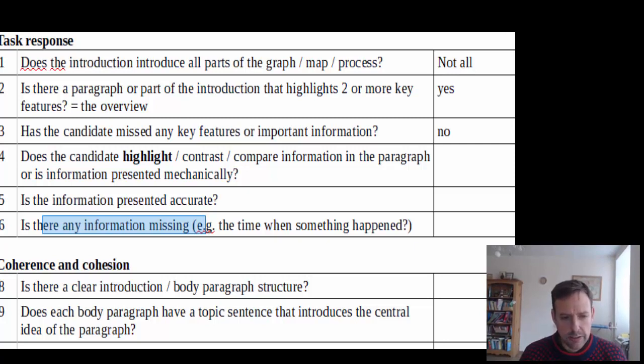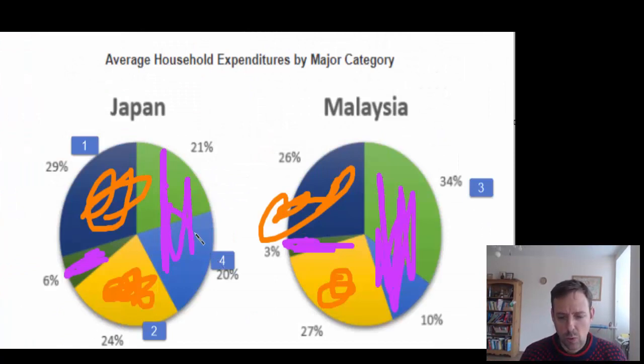I get the feeling here that there's a bit of information missing because we have a lot of information about one category, which is 6%, but only an approximation of all the other categories, about 24%. But 24%, the yellow one there, what is that?